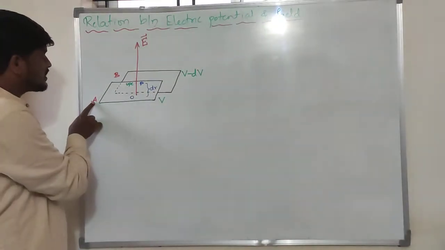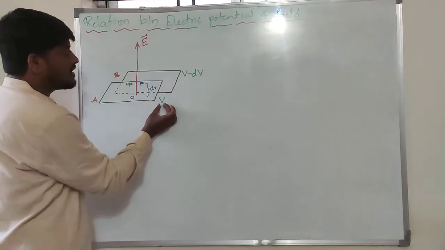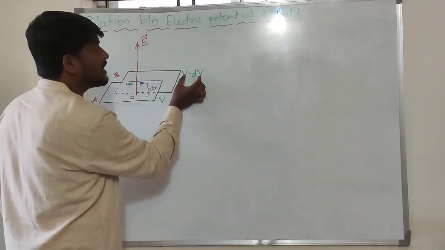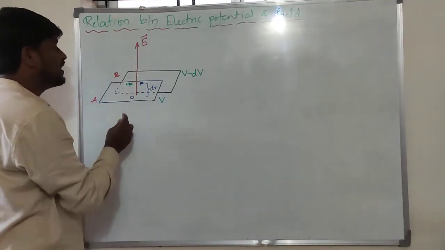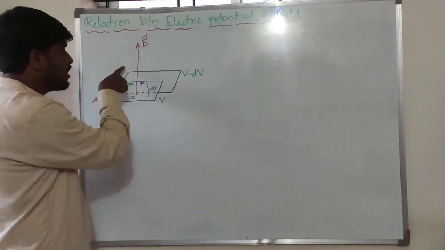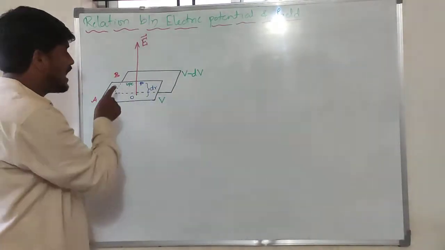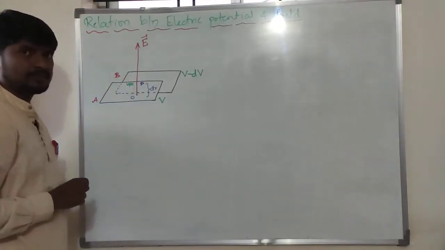Consider two equipotential surfaces A and B with the potential values of V and V minus dV respectively. Let E be the direction of the electric field. Consider a point P on the surface B having the unit positive charge in it.